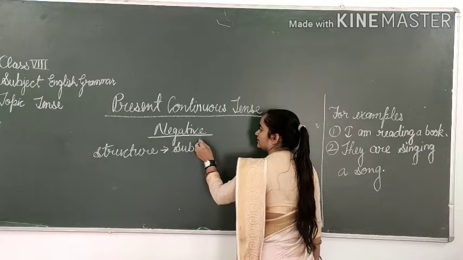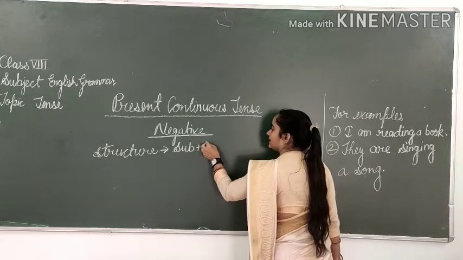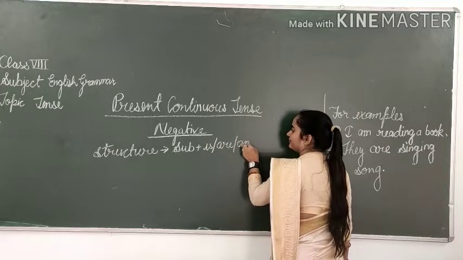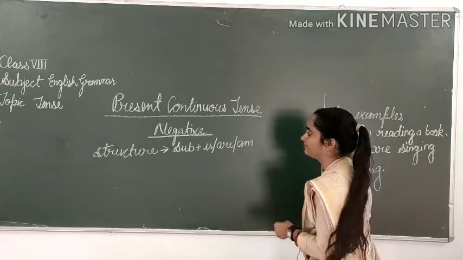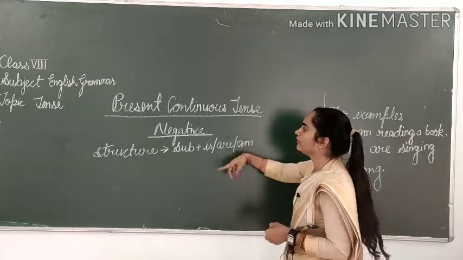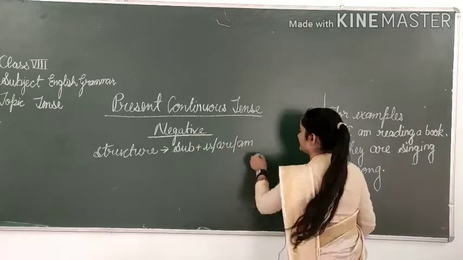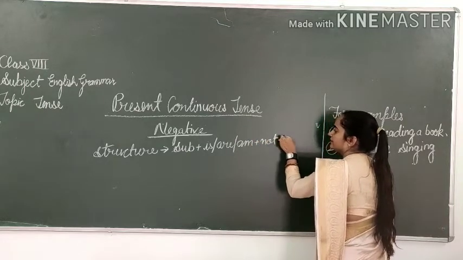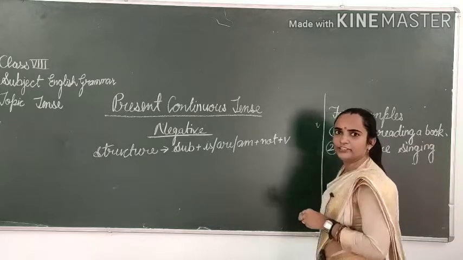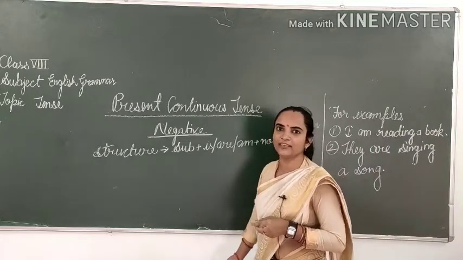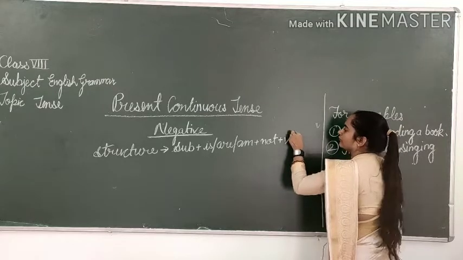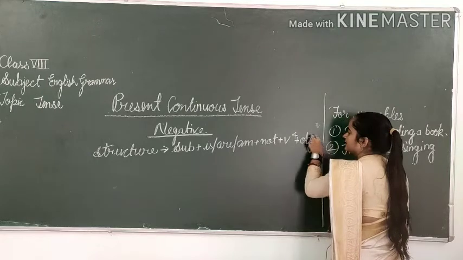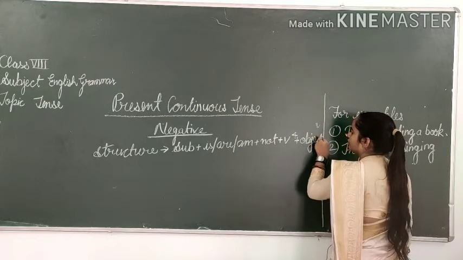Then is, are, am. Then after, what will become according to negative? Not, am not. Then V1, V2, V3, V4, what will become? V4. And in the last, object with full stop.